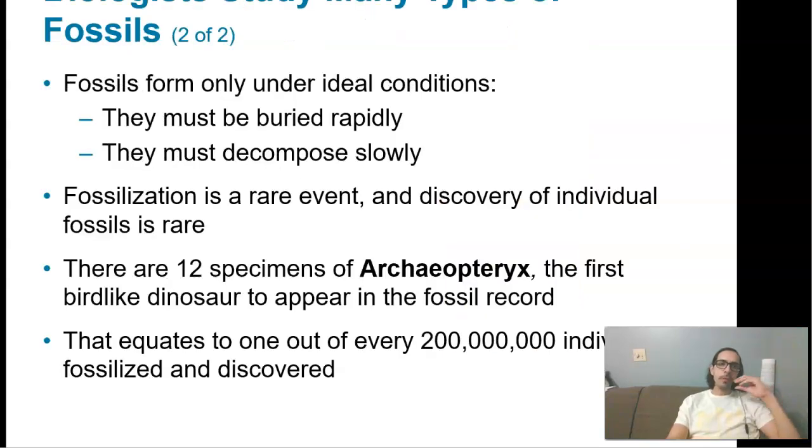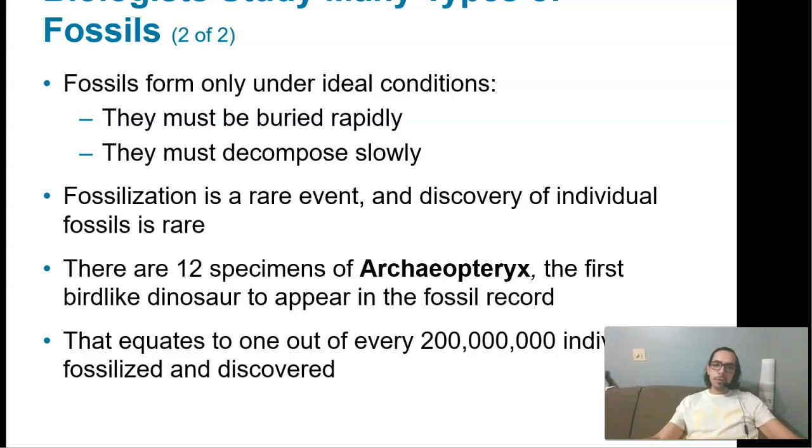Fossils form only under certain conditions. They must be buried quickly and they also must decompose slowly. This makes it a rare event, so that's why it's very rare to find fossils.